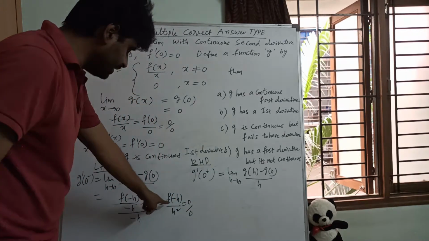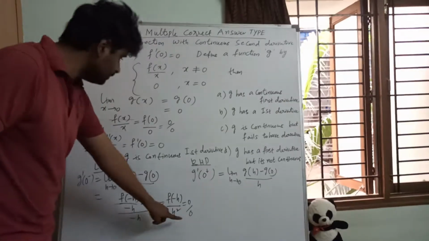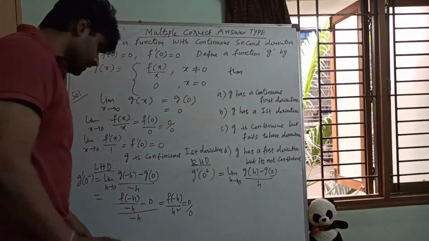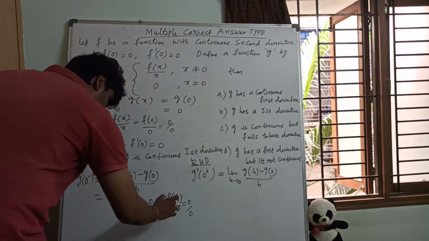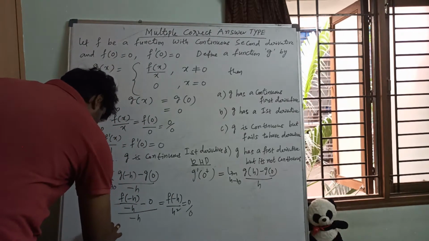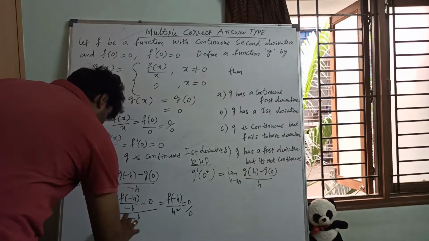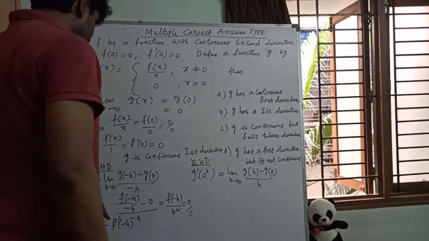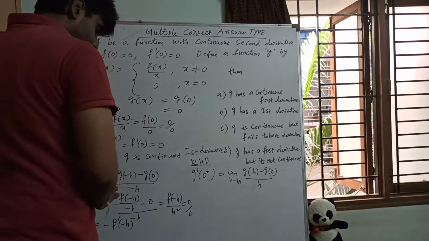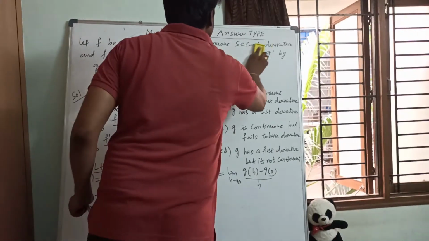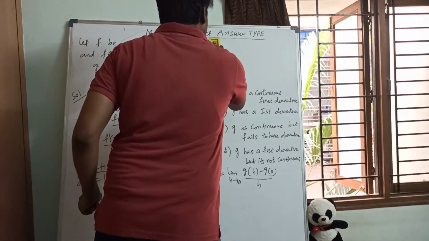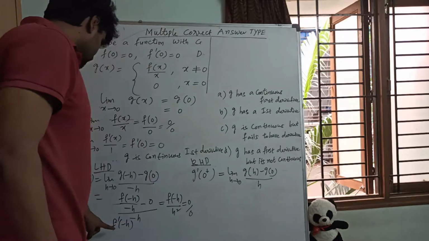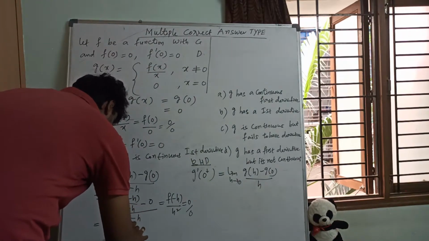When you substitute limit h value 0 here, 0 by 0 form means again we'll apply L'H rule. If you apply L'H rule, what will you get? Here I am going to differentiate. So minus f dash of minus h there, correct? So here f dash of minus h by 2h.